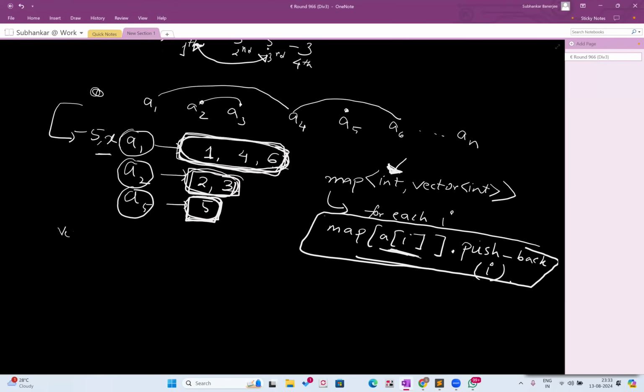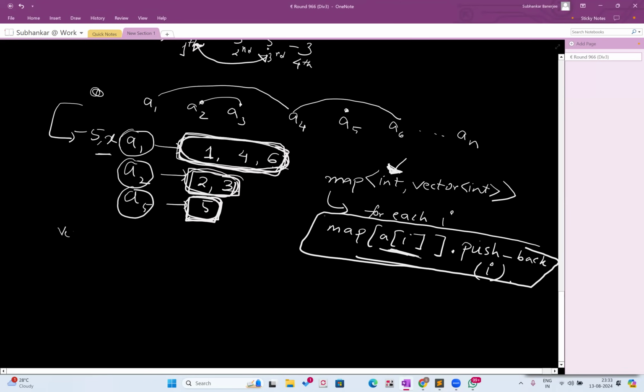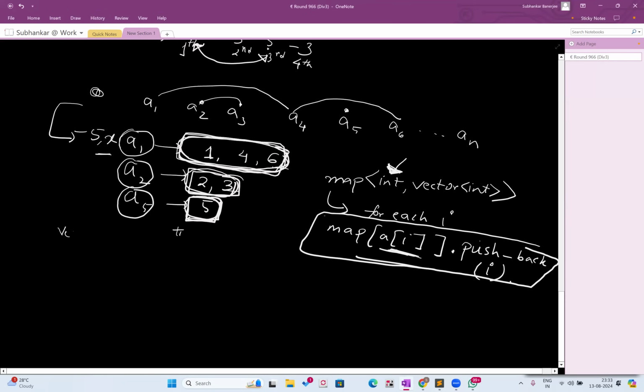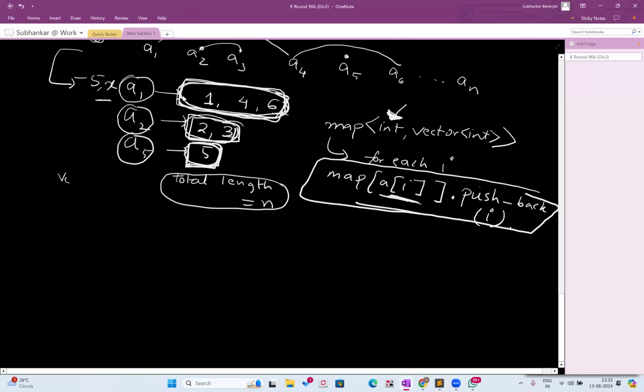Since A4 is equal to A1, the 4th index will go into the vector of A1, so 1 and 4 will be in the same vector. So the total length of all these vectors is still n. Don't confuse it. These vectors are important.